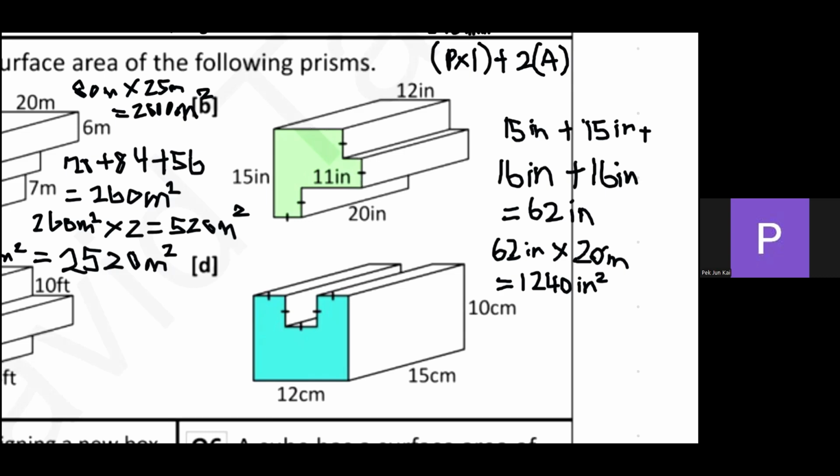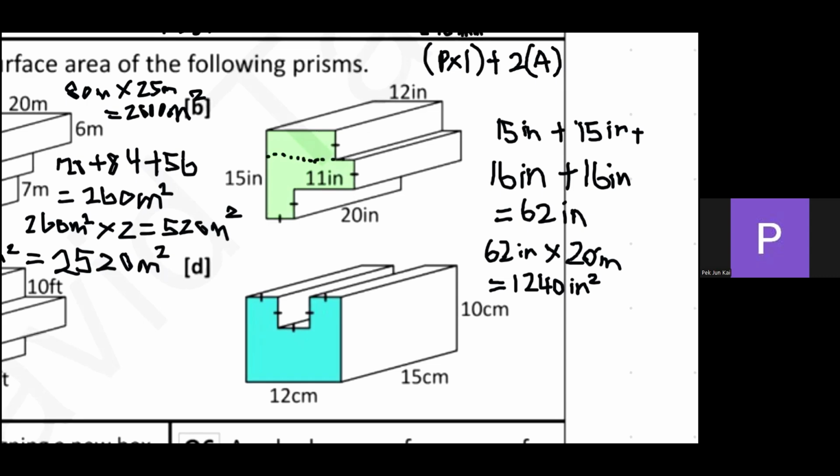So again, we can split the cross-section into 3 parts. Part C here would be 25, since 5 times 5. Part B here would be 80, since 16 times 5. And part A here would be 12 times 5, which would be 60.